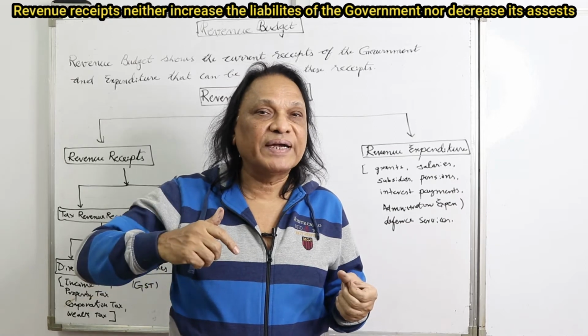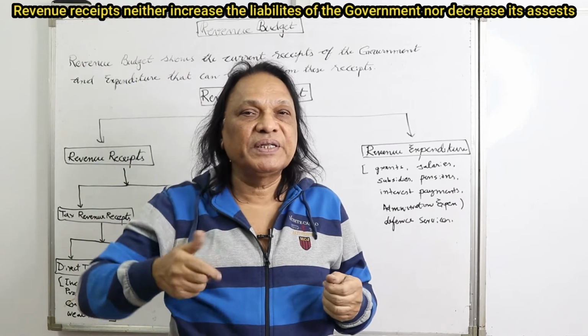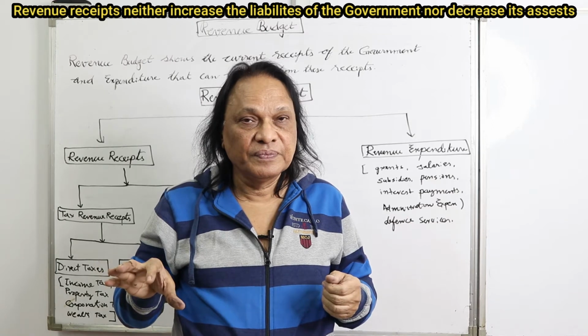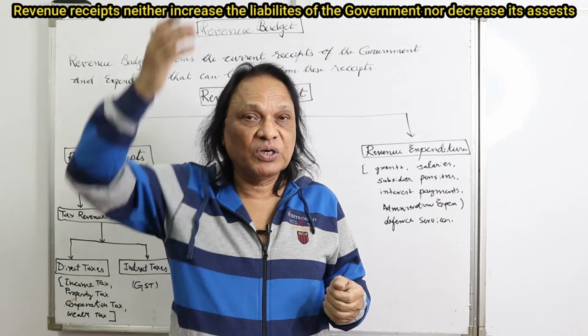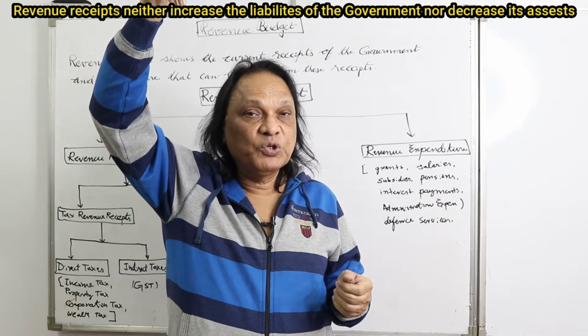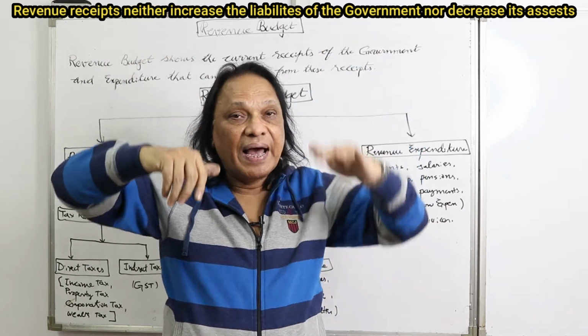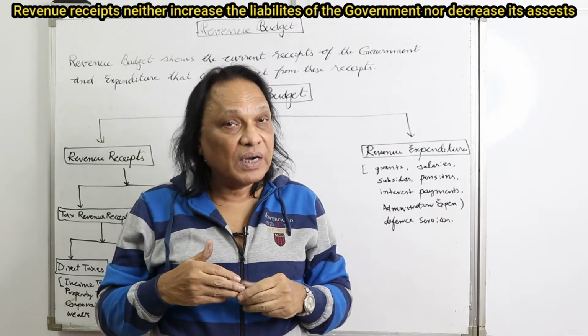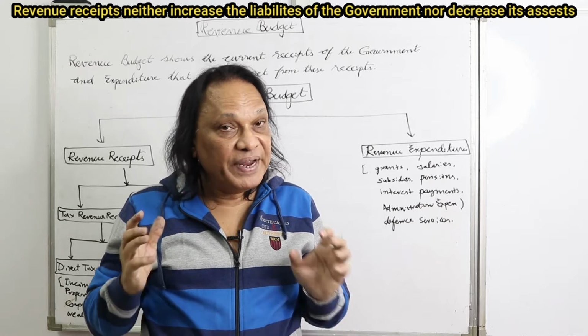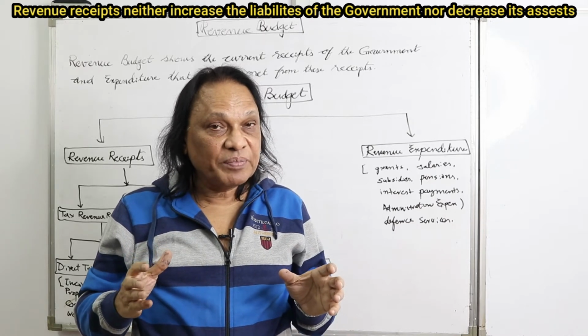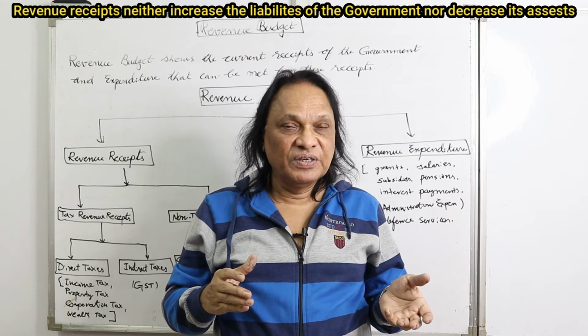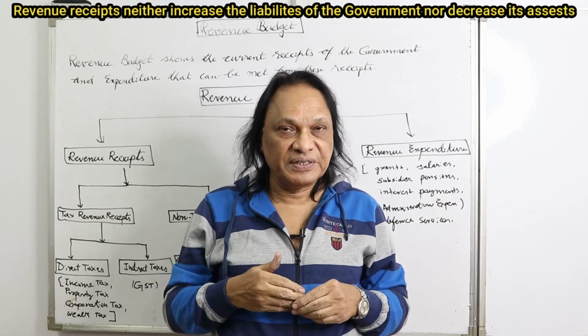And you have no right to ask the government to provide me these facilities. So liabilities of the government are not going up because you pay tax, nor assets of the government are coming down. It means the government is not selling its assets to provide you some extra facilities.